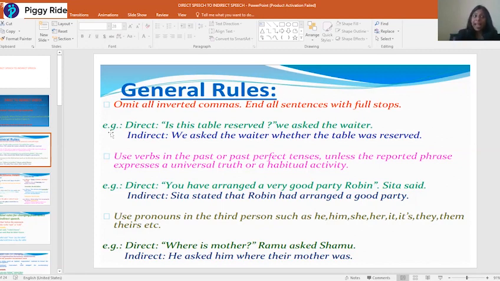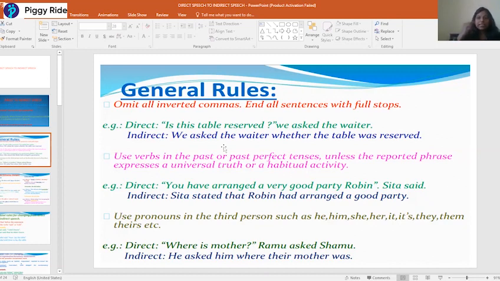Okay. Now let's go to the second rule. Use verbs in the past or past perfect tenses, unless the reported phrase expresses a universal truth or a habitual activity. So we have to use verbs in the past, which has already happened, or past perfect tenses, unless it gives us a universal truth, something that is bound to happen, or a habitual activity.